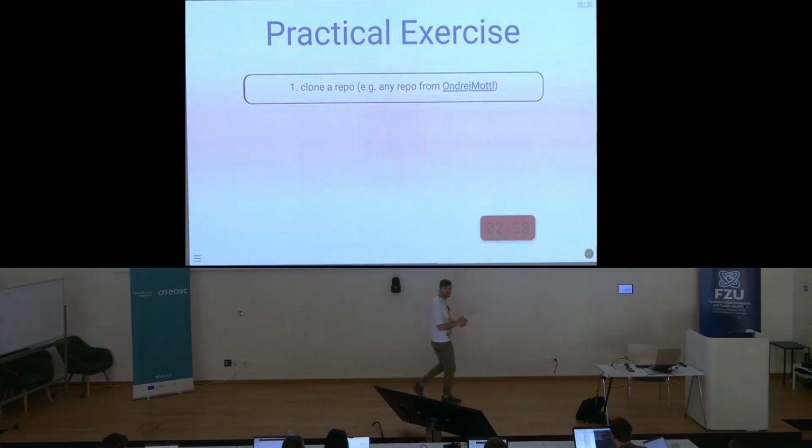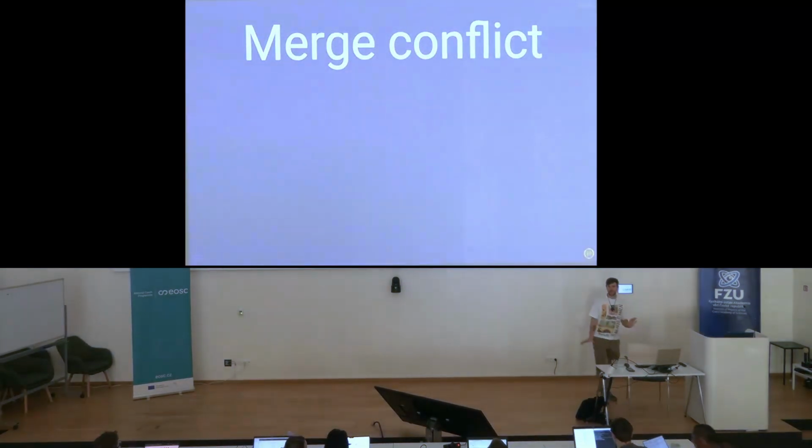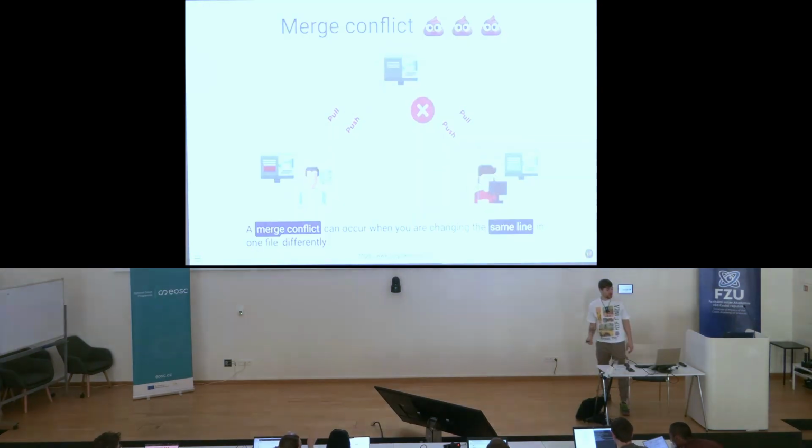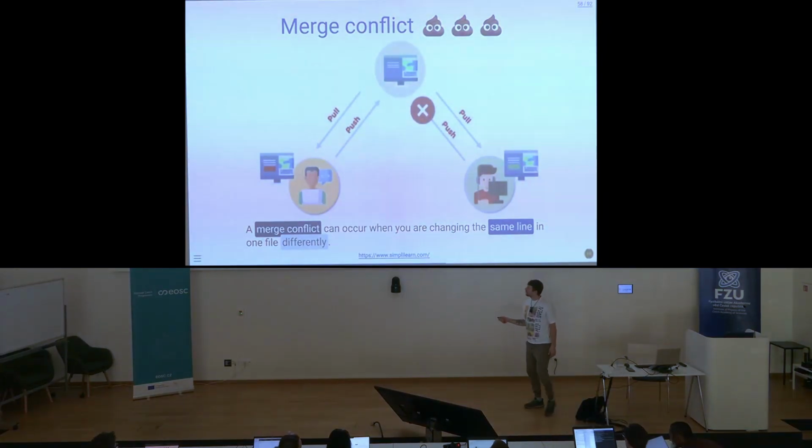Okay, I will push a little bit forward. I will do one last thing, and then we will have a break. Something which will happen at some point in your career is a merge conflict. A merge conflict happens when two people edit the same file at the same time.